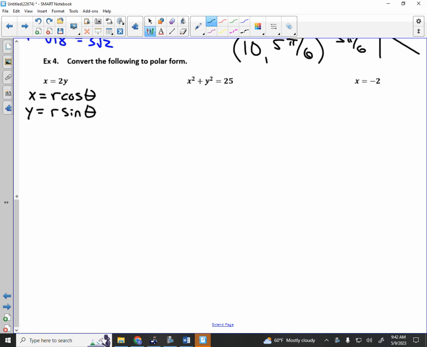Now, people get confused with this because they're wondering, should we solve for r equals or theta equals? And I'm going to try to do my best to show you what we do and why, all right? If we were to graph that, what shape would it make? A line, right?